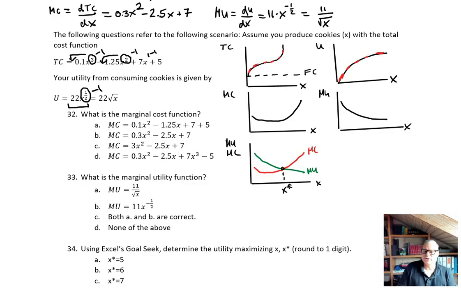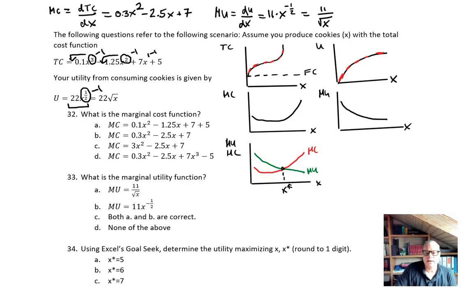Whenever you see something like, for example, x raised to the negative 2, that would be 1 over x squared. That's just to refresh some of the calculus. So this is 11 over the square root of x.